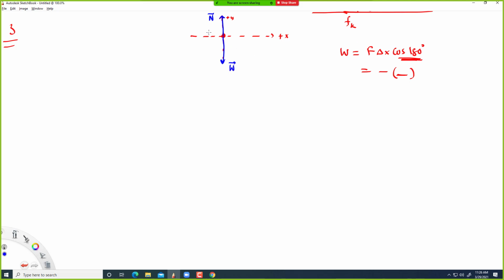And there is friction. In this case, it's kinetic friction. It's sliding, so we have F sub k. And there is tension, and the tension is at 30 degrees. Okay, so that's the free body diagram.